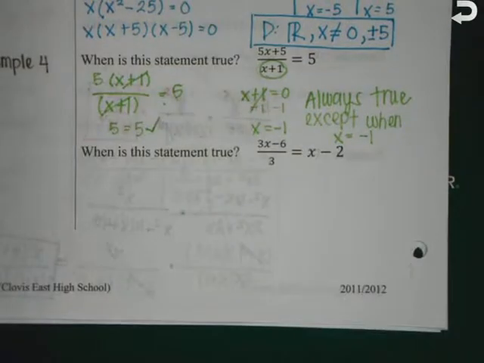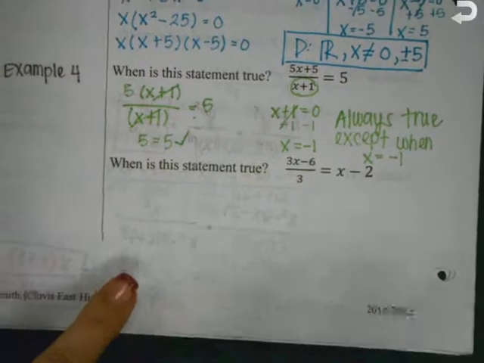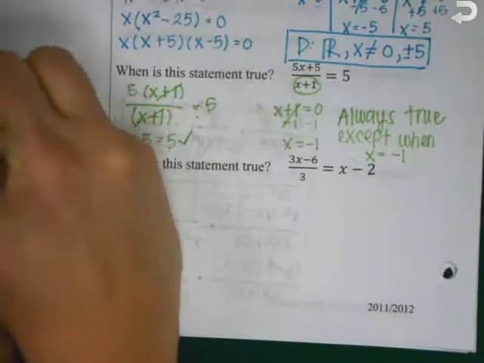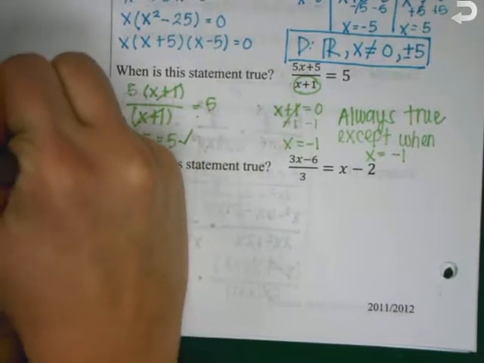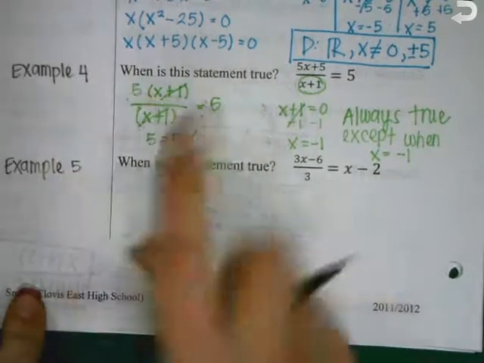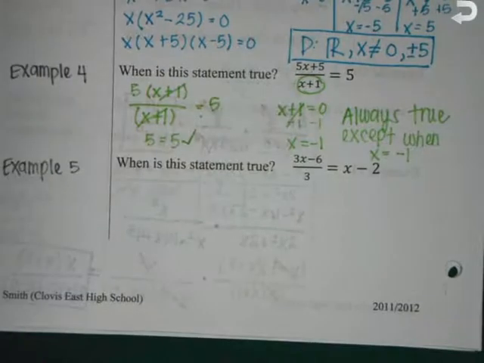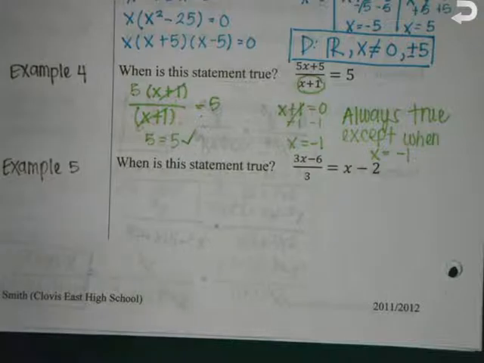Same thing, when is this statement true? But our function is 3x minus 6 over 3 equals x minus 2. Okay, so what do you guys think we have to do here?